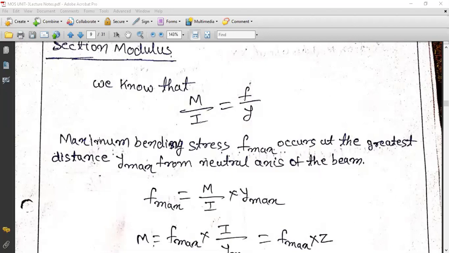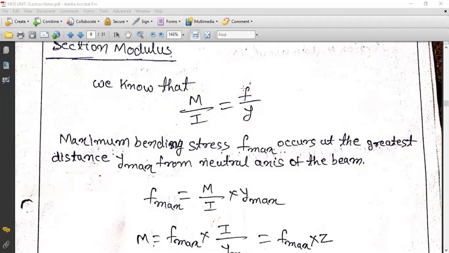There is no change. So what are the variables? The moment you apply may be 20 kilonewton meter, 30 kilonewton meter or 40 kilonewton meter, but for this same condition, M does not change and I does not change.